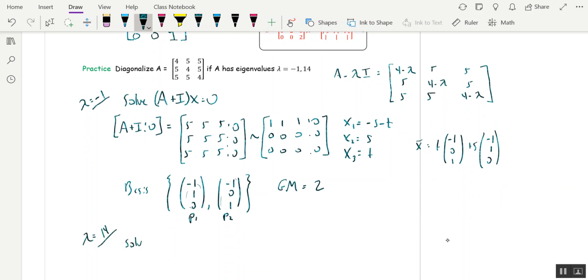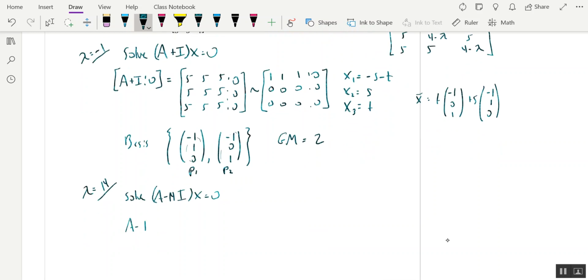I want to solve A minus 14I times x equals 0. So I'm going to reduce A minus 14I augmented with 0. And I'm just going to write down this matrix, which when you put in 14 for lambda, you get -10 on the diagonal and 5s everywhere else. 0s over here.